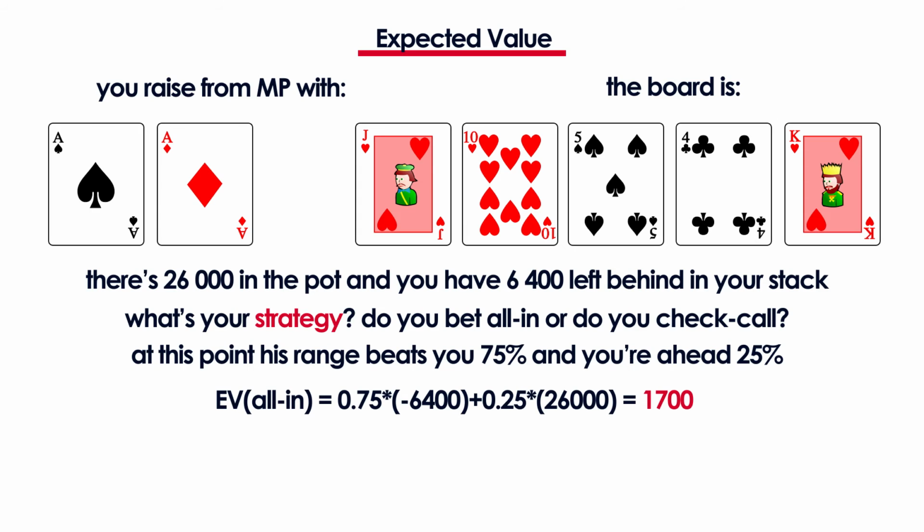What about the check-call? Well, you know that after your check, the button is gonna shove all in with all his hands that are beating you and with about 80% of the hands that he missed.